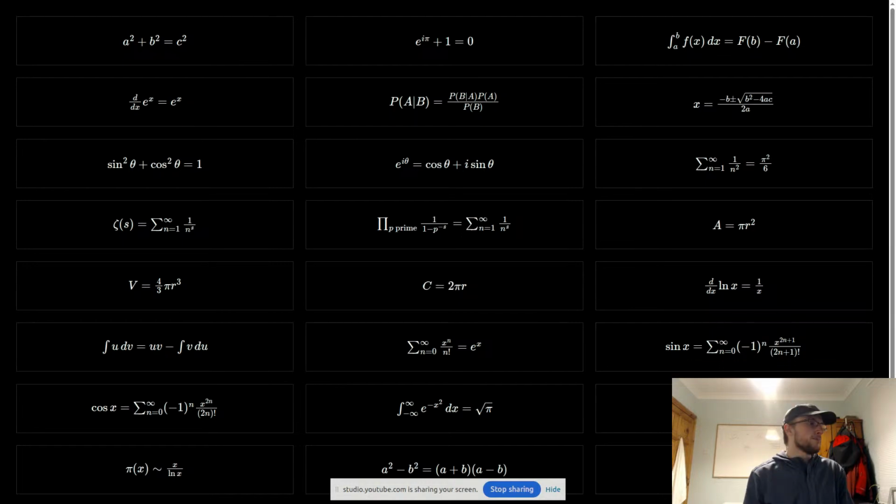For example, 1 minus 4 plus 6 minus 4 plus 1 evaluates to 0.